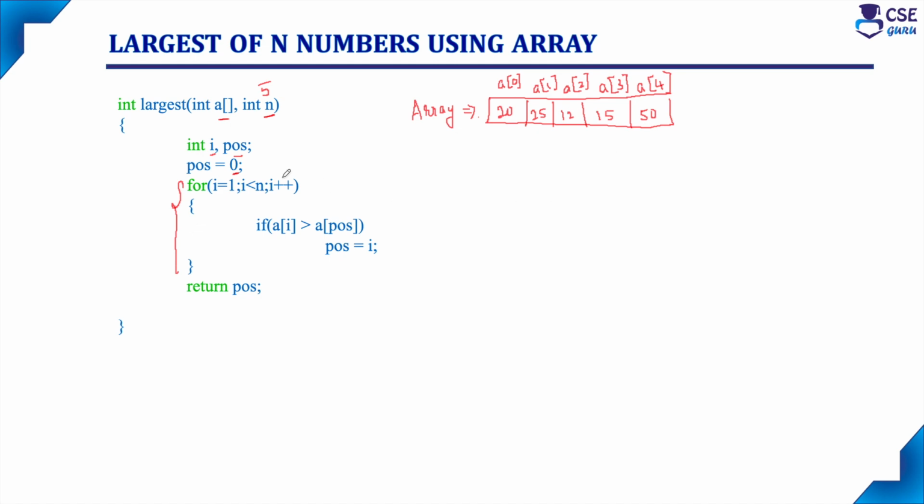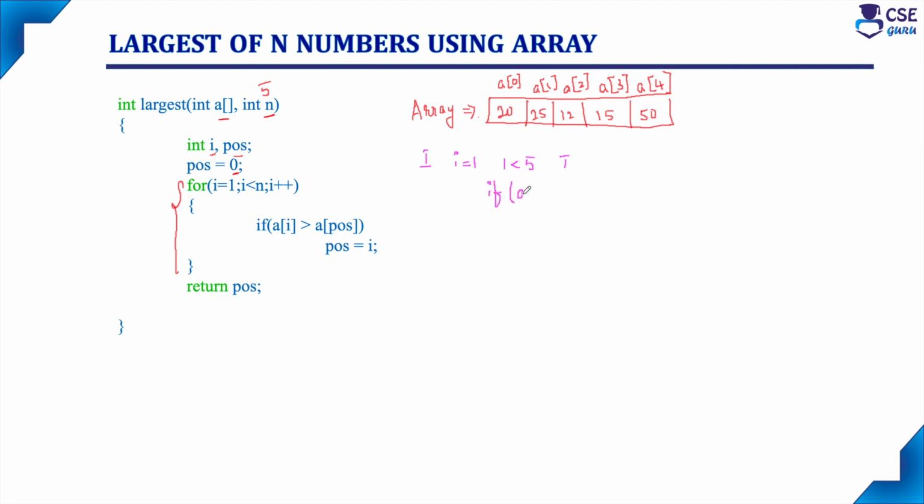Initially the i value is 1, and this is considered the first iteration of the for loop. Check the condition: 1 less than n, where the n value is 5. The condition is true, and it will allow the for loop statement to execute once. So this if statement will execute once.